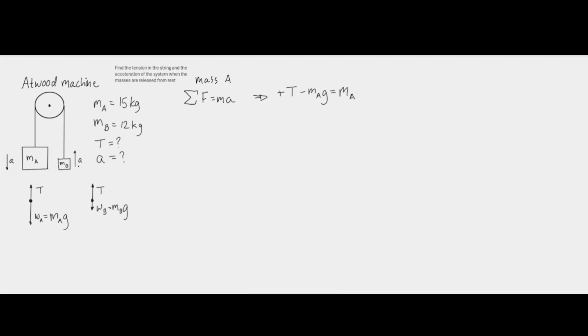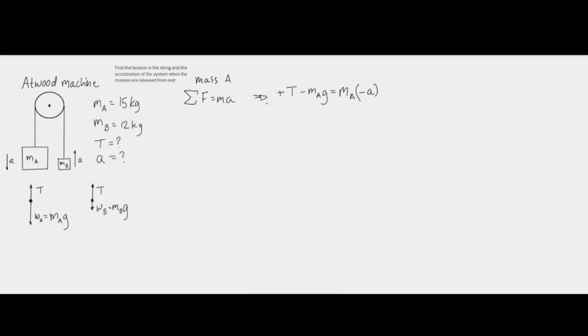One is accelerating in the positive direction and the other one is accelerating in the negative direction. And in this case, that negative sign is very important. And it goes over here, so it's still accelerating as a system with a magnitude of a, but mass A is going downwards. So this is actually negative a.